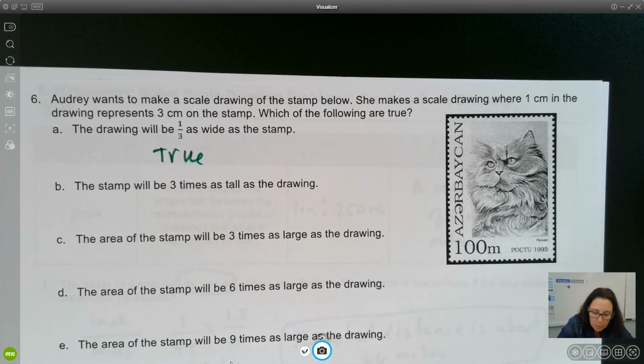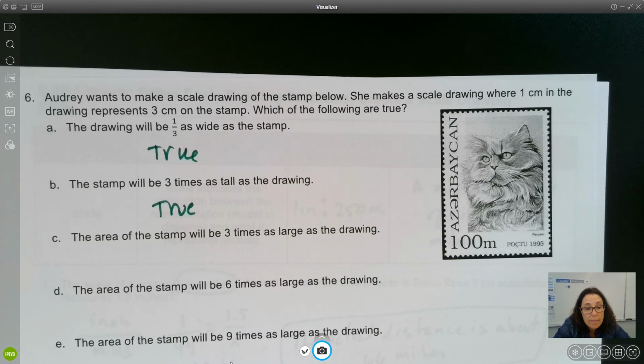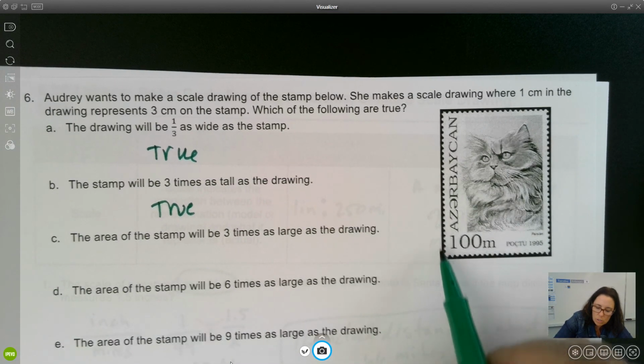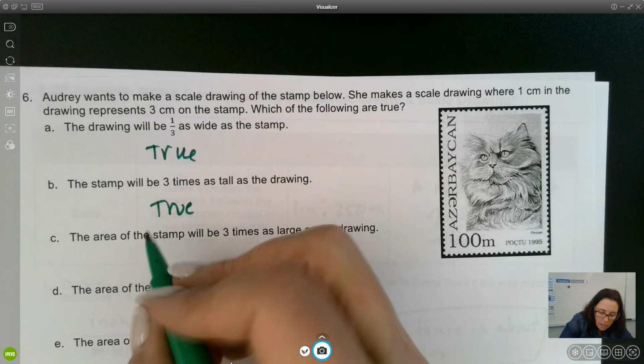The stamp will be 3 times as tall as the drawing. That's true. The area of the stamp will be 3 times as large as the drawing. Nope, because you've got 3 times bigger in each direction from the drawing to the actual. That's a scale factor of 9 for the area.